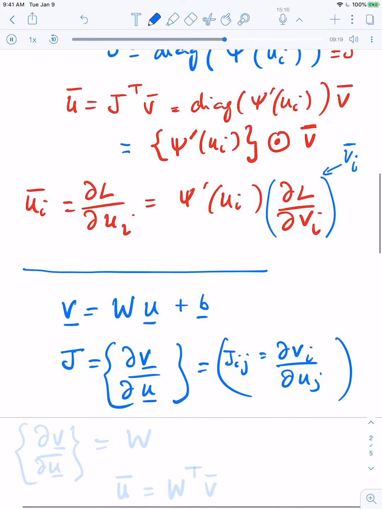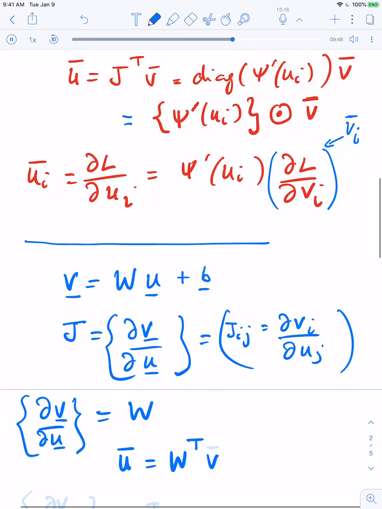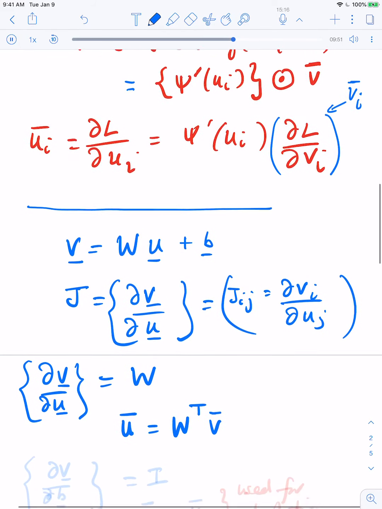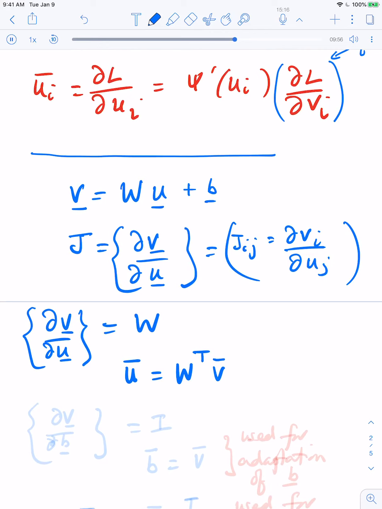So that's what the Jacobian is, and it's pretty easy to see that this Jacobian is exactly W. So del V by del U, the Jacobian, is equal to W. So as I flow down, U bar is going to be the Jacobian transpose times V bar, right? So those are the gradients flowing down.